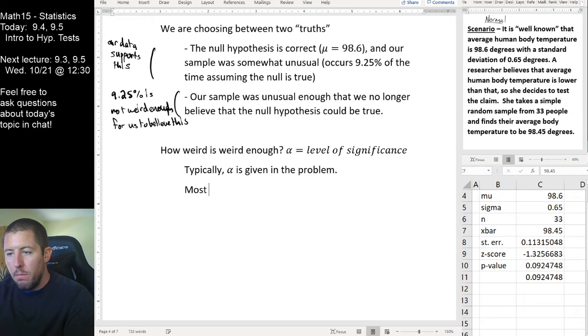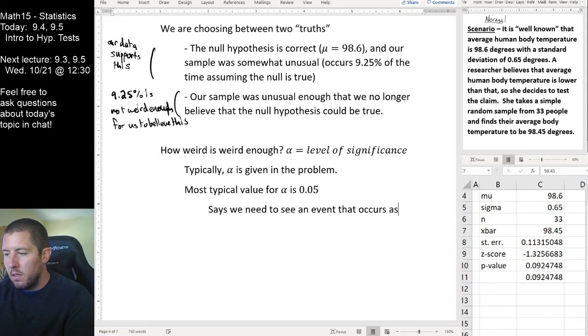Most typical value for alpha is 0.05. This says we need to see an event at least as rare as 5% of the time or less for us to decide to reject the null hypothesis.